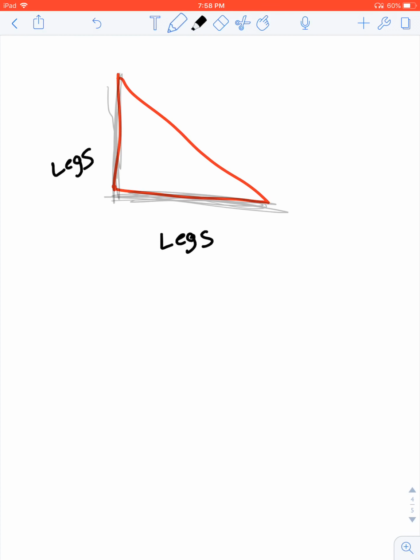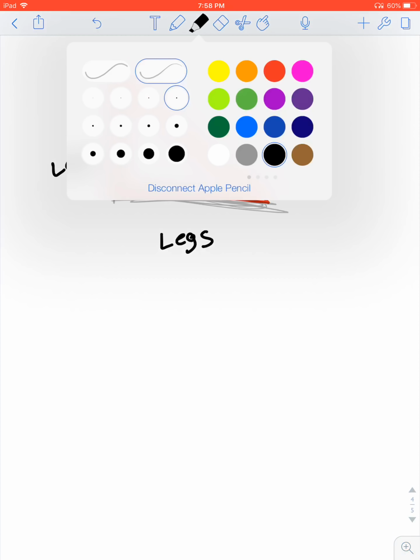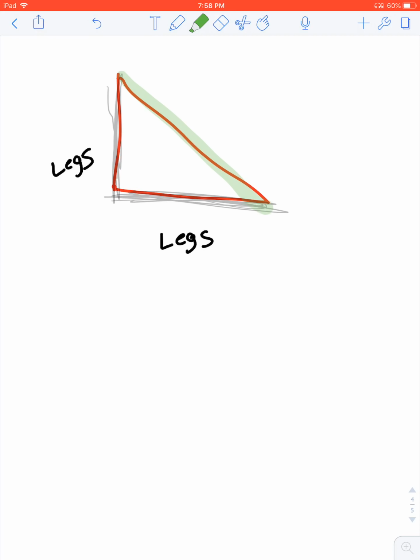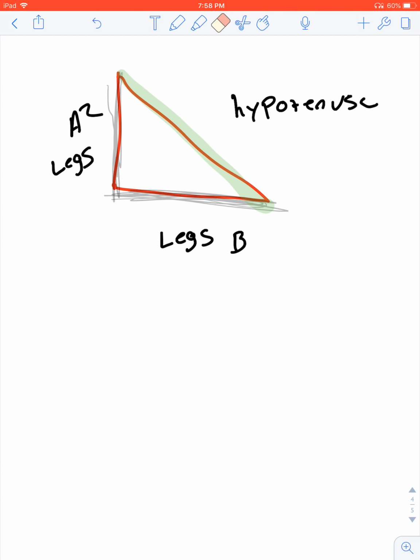And then the third part that I have highlighted in green is called the hypotenuse of the triangle. Our legs tend to be a and b, not a squared and b squared, and our hypotenuse we usually call c.